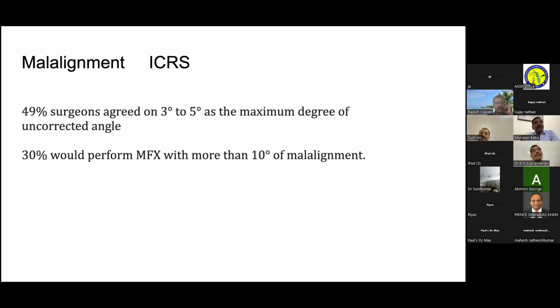On malalignment, around half of the surgeons agreed on 3 to 5 degrees as the maximum uncorrected angle, and another 30% would perform microfracturing with more than 10 degrees of malalignment.